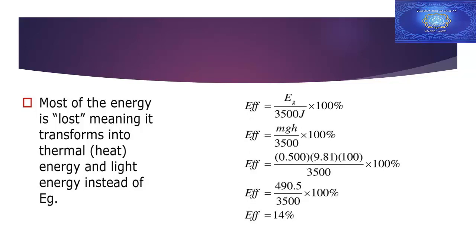Efficiency equals output energy divided by input energy. In this question, we don't have output energy, so we will calculate it. Output energy is in the form of gravitational potential energy, which is mgh. So mgh divided by 3500 times 100%. So efficiency equals 14%.